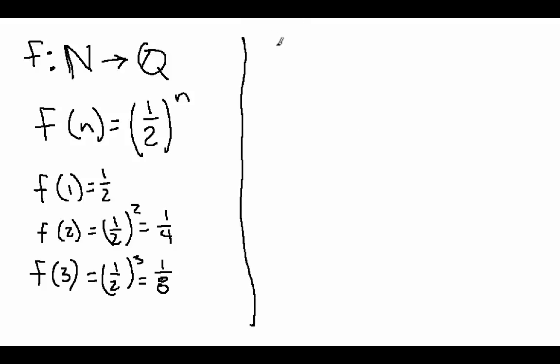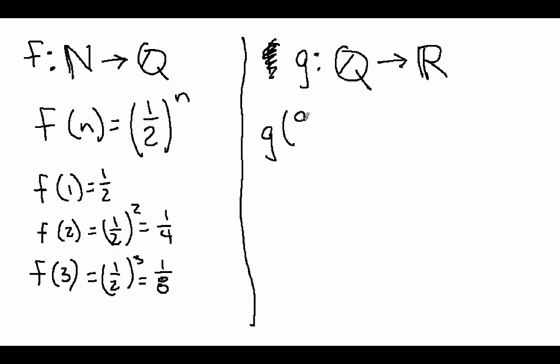How about, let's use a different letter. Why don't we call it g? How about something that maps the rational numbers to the real numbers? How about g of a over b? Remember, to be a rational number, a and b both have to be integers.